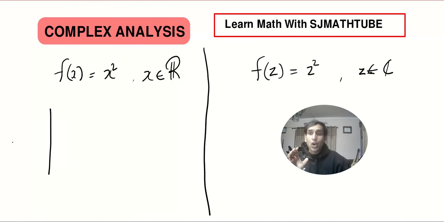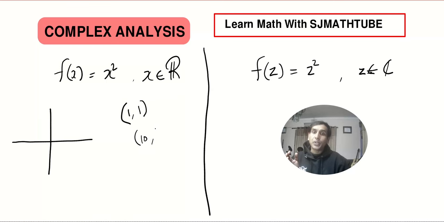The graph on the left side can be created by plugging in real numbers and that function will square it. 1 will give me the output 1 squared, 10 will give me the output 100 and minus 2 will give me the output minus 2 the whole squared, because the job of this function is to square.